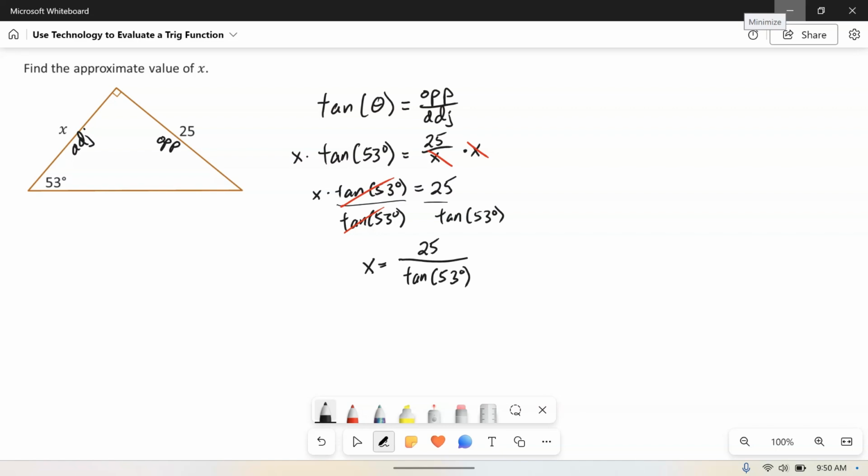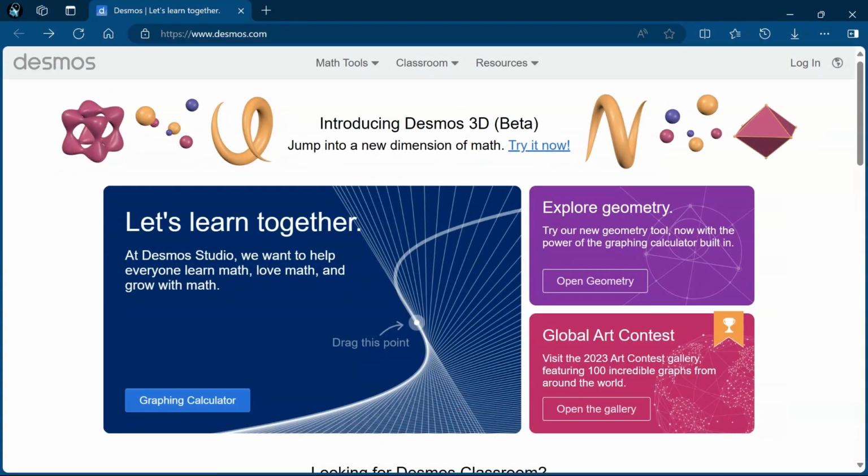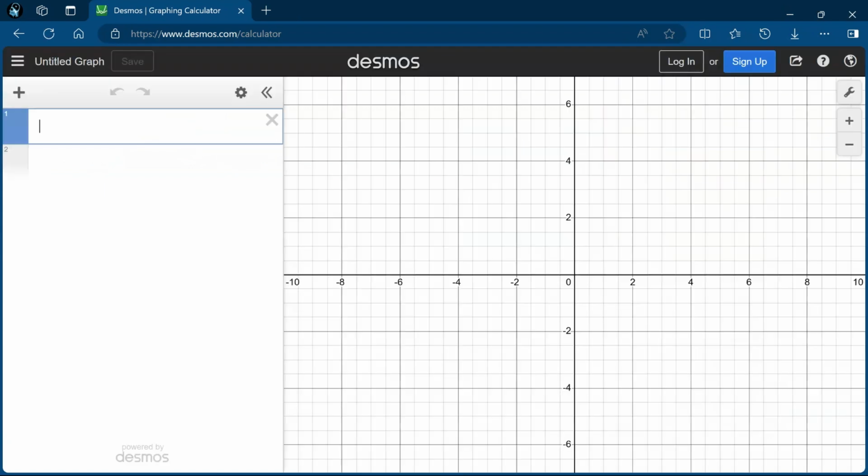So we could use a calculator if we wanted to, and just for this example, I'm going to switch over and use Desmos. So at desmos.com, I'm going to start the graphing calculator. And then in the entry space over on the left side, I can just type in my equation, which was 25 divided by the tangent of 53.